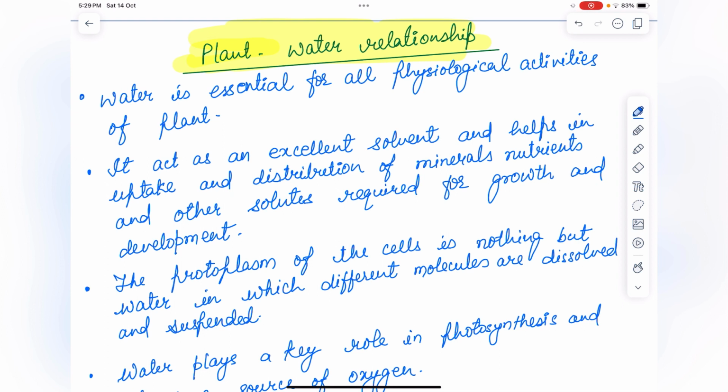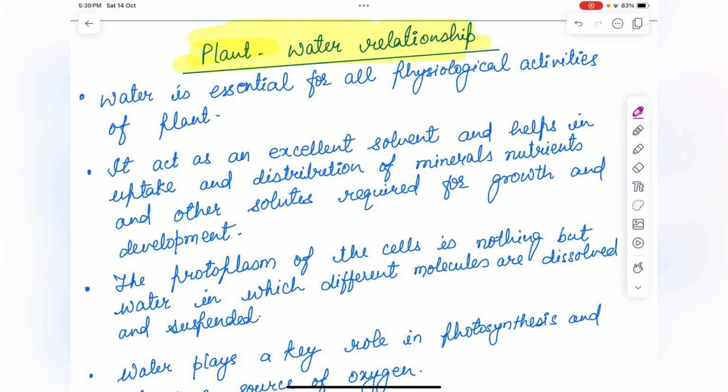Next we will see plant water relationship. What is the relationship between plants and water? Water is essential for all physiological activities. All the activities in plants, like photosynthesis, transportation, minerals and food, will be helped by this water. It acts as an excellent solvent and helps in uptake and distribution of minerals, nutrients and other solutes required for growth and development.